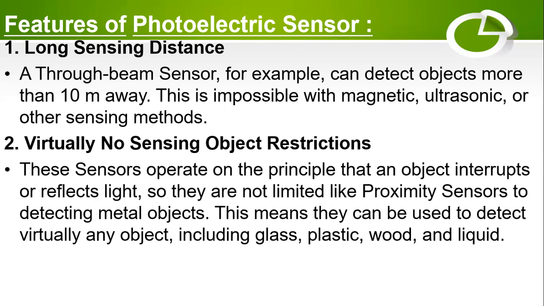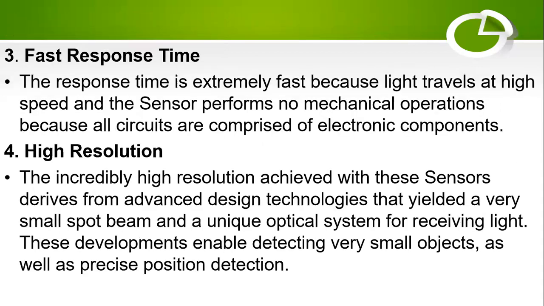These sensors operate on the principle that the object interrupts or reflects light, so they are not limited like proximity sensors to detecting metal objects. This means they can be used to detect virtually any object, including glass, plastic, wood, and liquid.